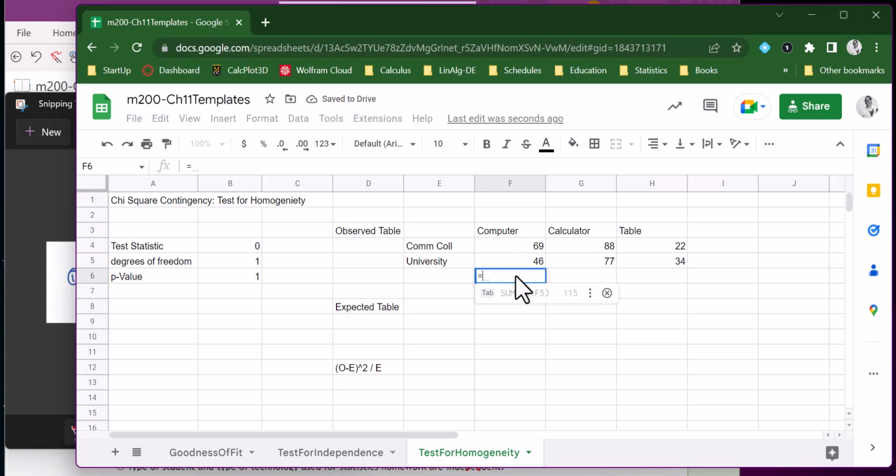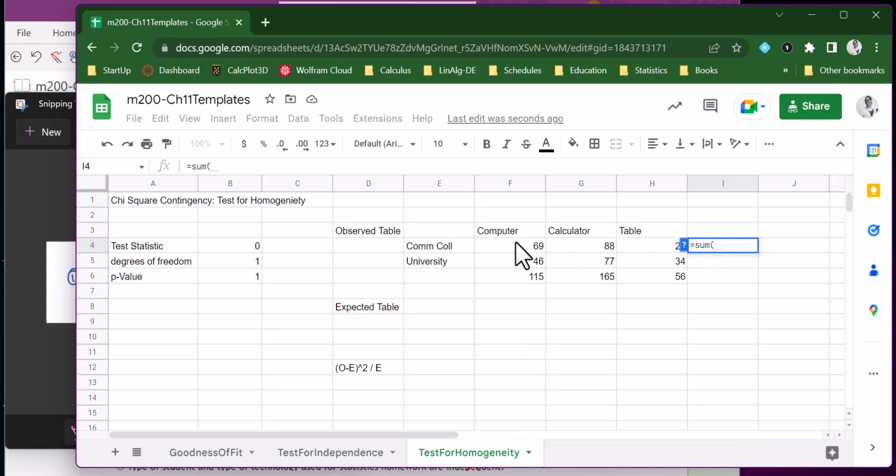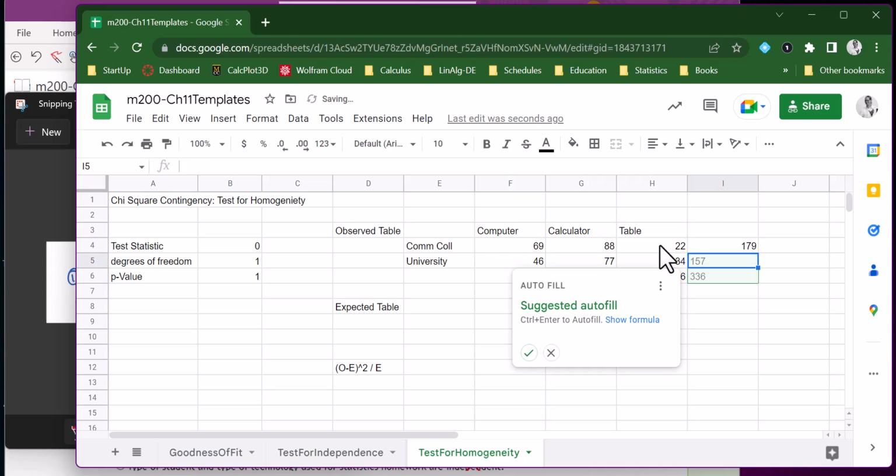And I think if we use the sum function, S-U-M, and then click and drag those two, and then you press enter, and you're going to get the same result. So let's extend that for the other two columns, and then we want to find rows. So this is equal to, and then we'll use the sum function for this, SUM, open parentheses, and then click and drag, and then press enter.